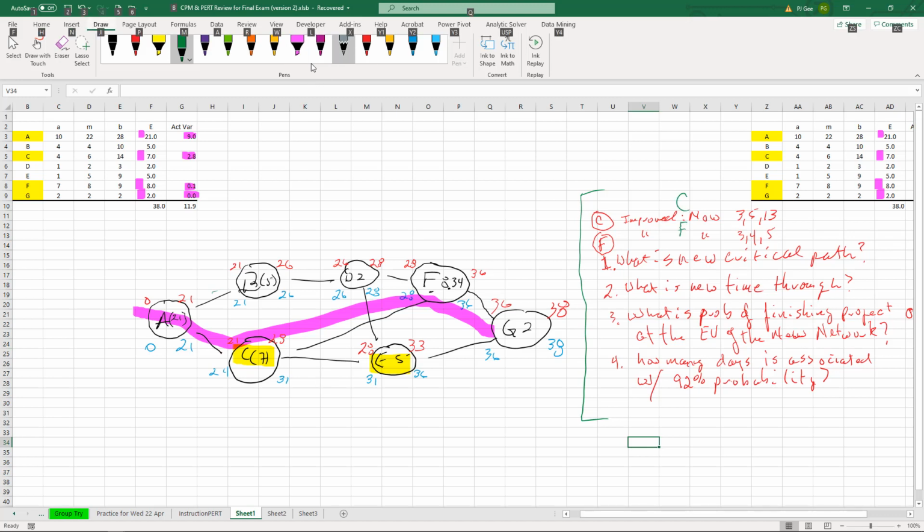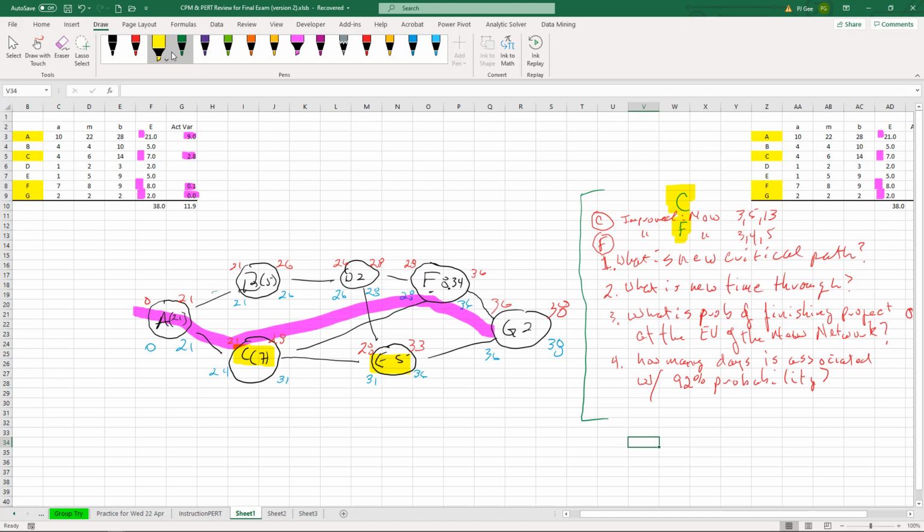What if we improved, follow me on this, activity C is now 3, 5, 13. Optimistic, nominal, pessimistic. What if F, we're improving, okay? F down here, what if that improved instead of 7, 8, 9 to 3, 4, 5 on F?